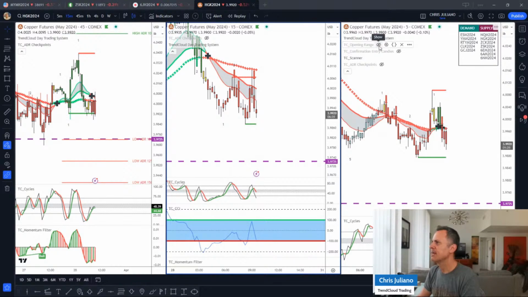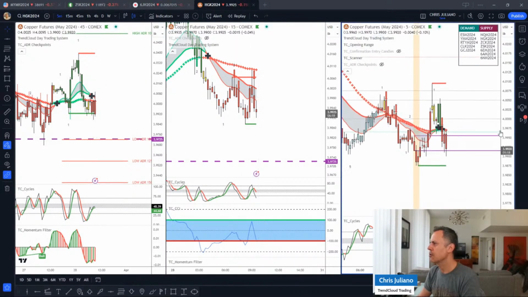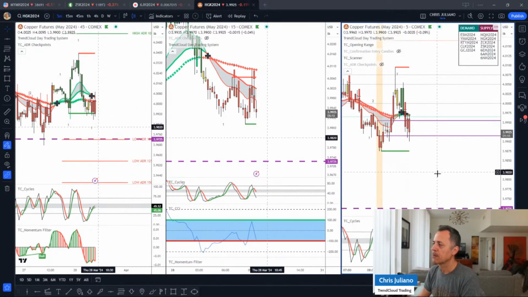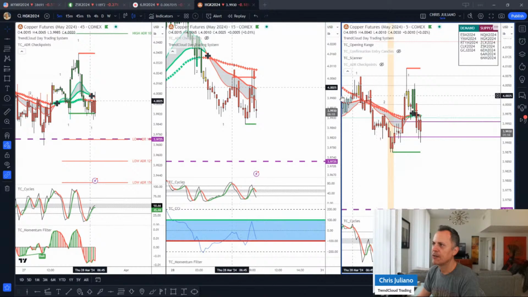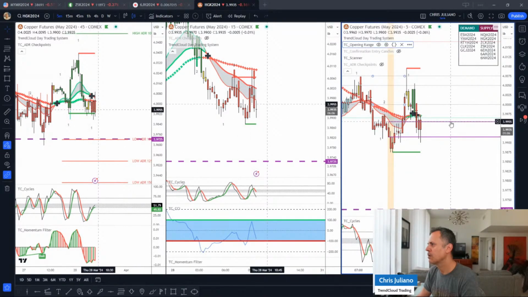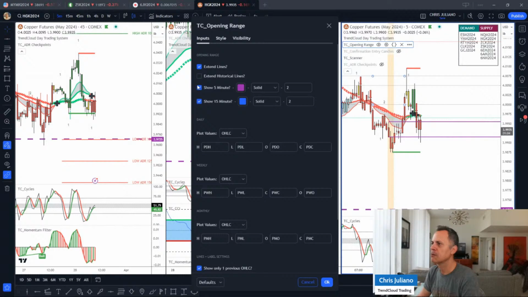Let's see if we have anything on the opening range. Oh, look at that. Okay, so you can see on the opening range how we broke to the upside on this particular time frame here. And we have to use the 15-minute opening range. Sorry.